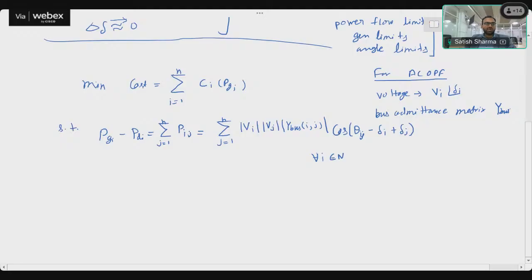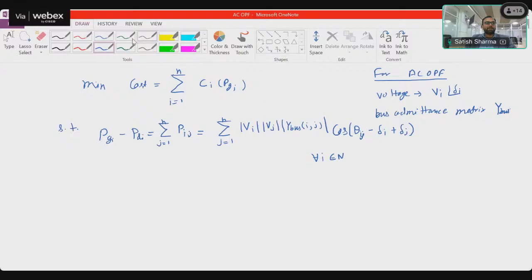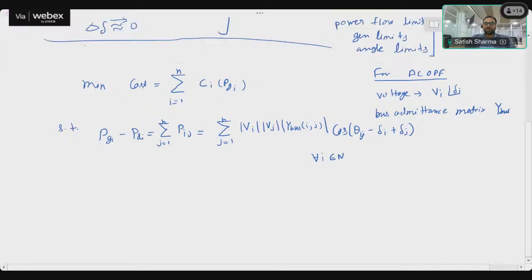Here, if you ask what PGi is, power generation is basically PGi plus j QGi, active and reactive power.